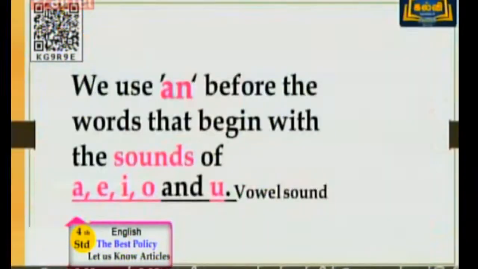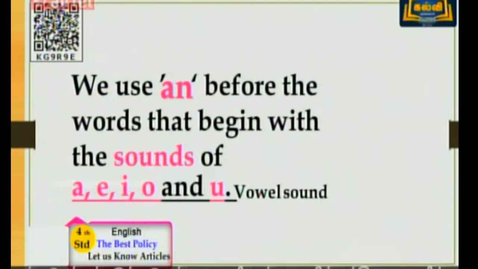இதுக்கும் சில conditions இருக்கு. Look over there. What's written over there? We use an before the words that begin with the sounds of A, E, I, O and U. These are the conditions.